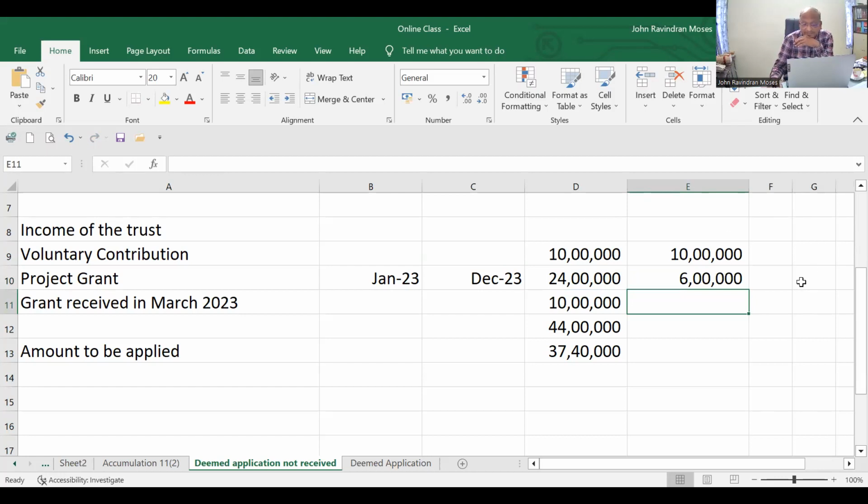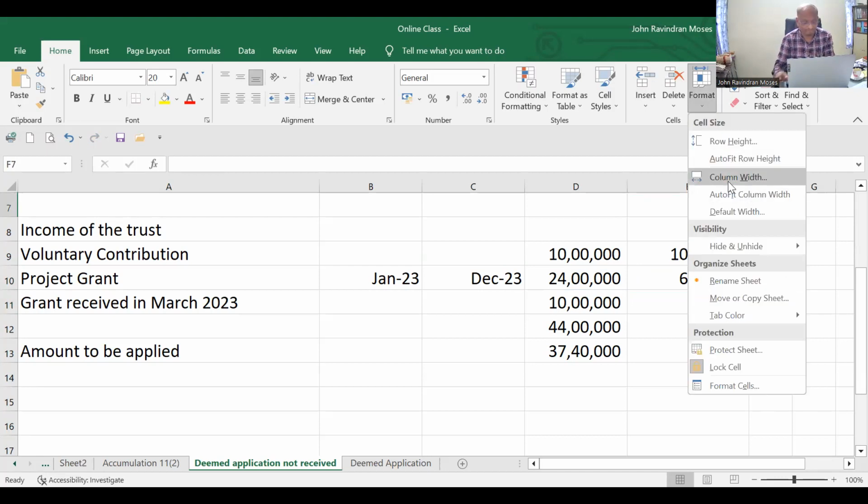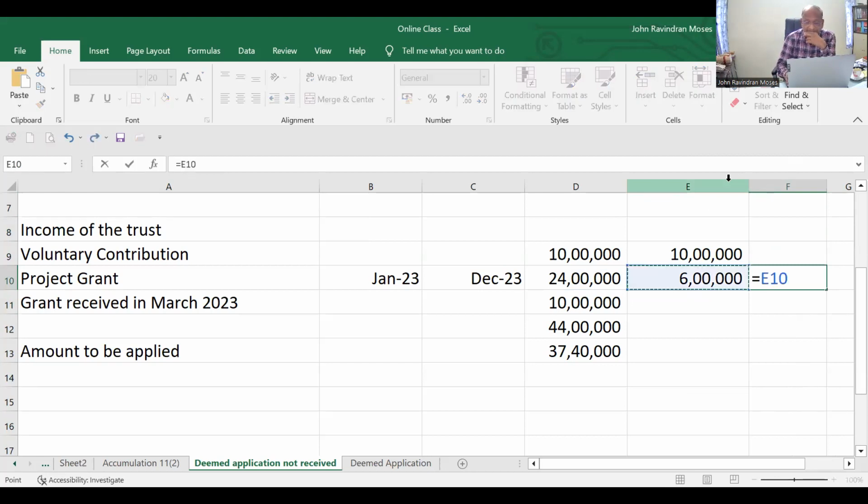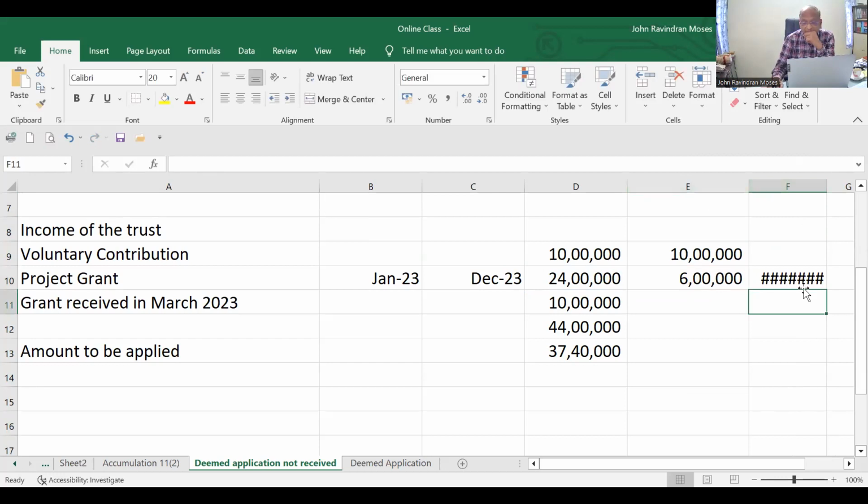So the balance 18 lakhs, I can spend only in the next financial year.